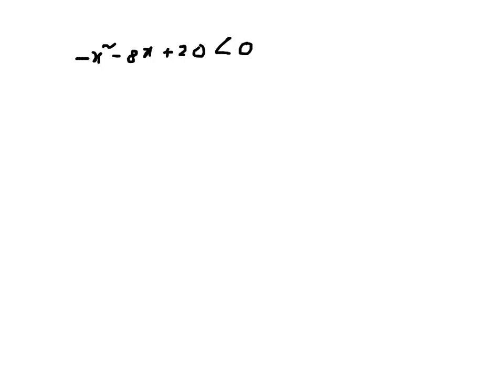Okay, so if I want to look at this inequality, let's first do the split middle term for factorization. So it's 20 here. I can write 10 times 2, so 10 minus 2 is 8, so I can do minus 10x plus 2x plus 20 here.